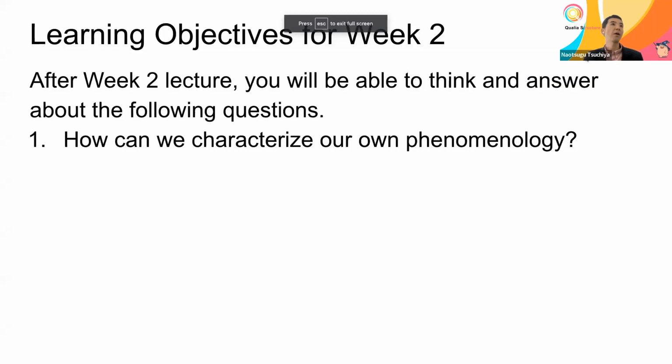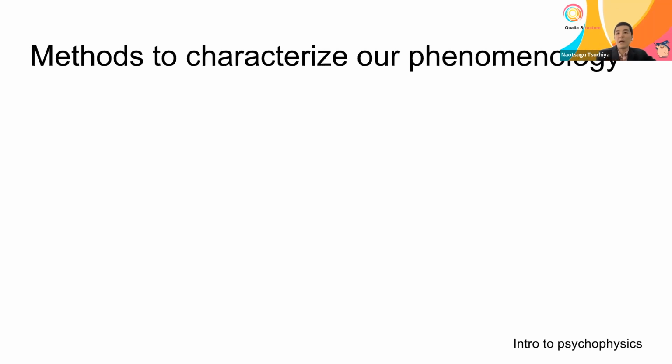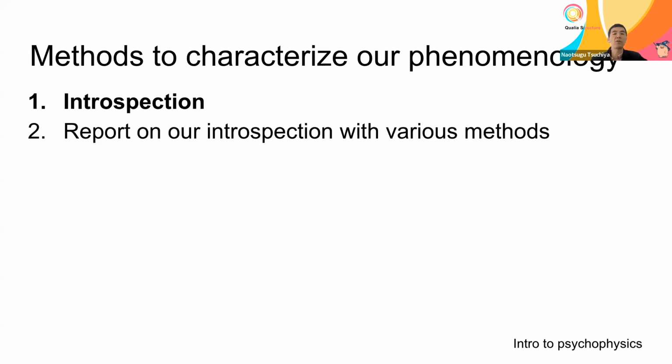All right, so let's move on. How can we characterize our own phenomenology? That's the first question, and there are lots of ways to do it. One is, as a psychology student, some of you might have heard of introspection, looking into your own mind and reporting on it with various methods.